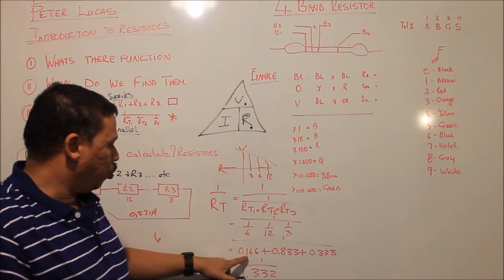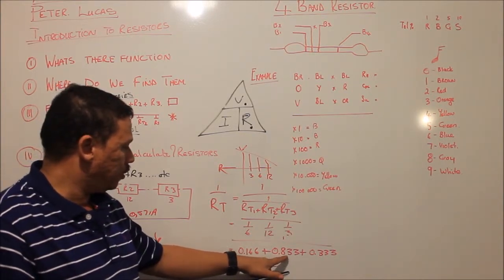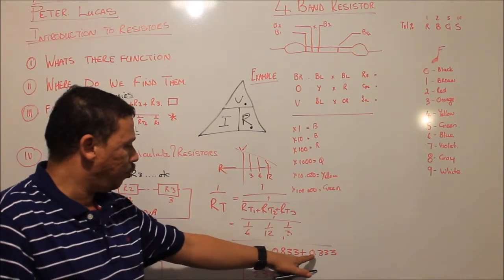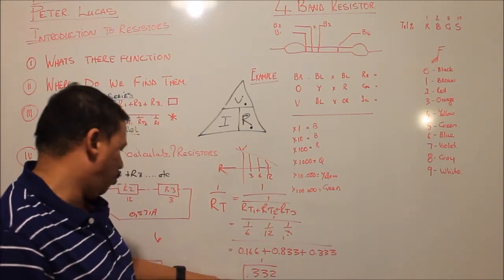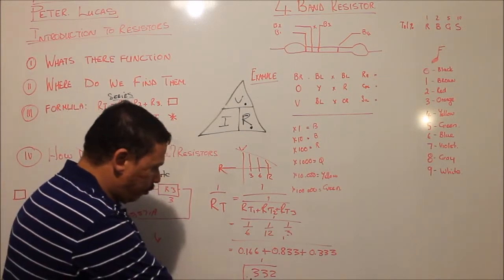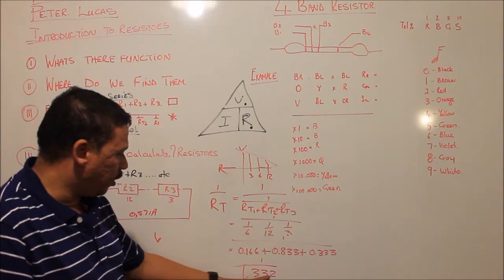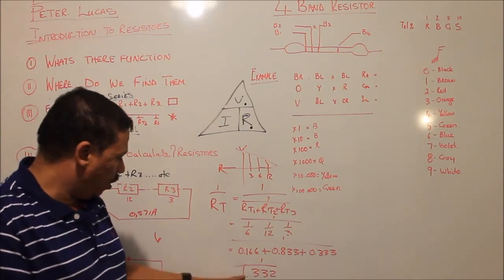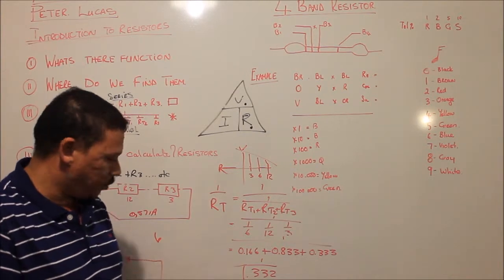If we take 0.166 plus 0.0833 plus 0.333, we end up with a number of 1.332. Divide by 1 gives you 0.750.